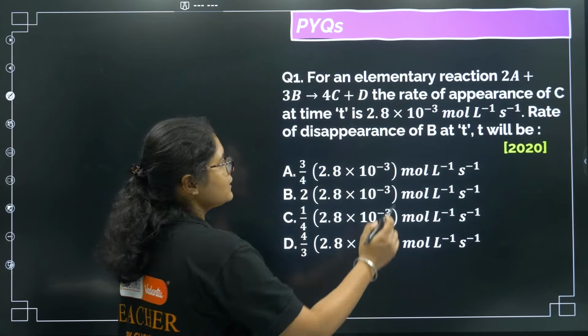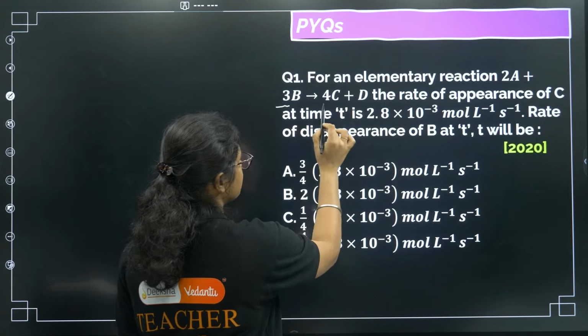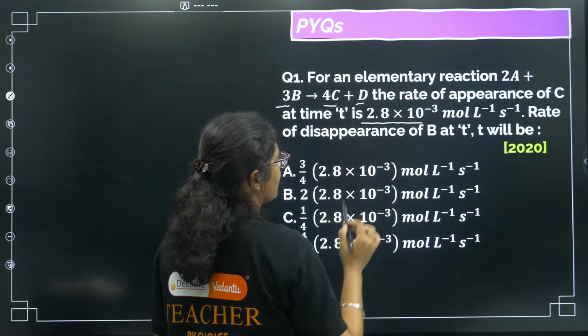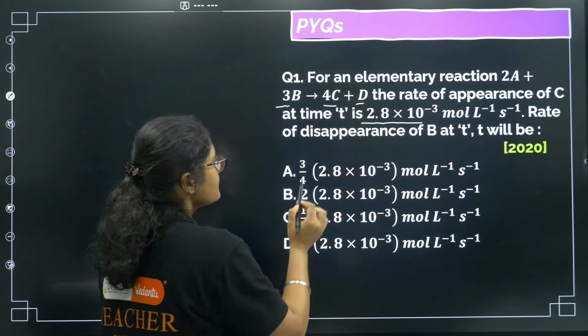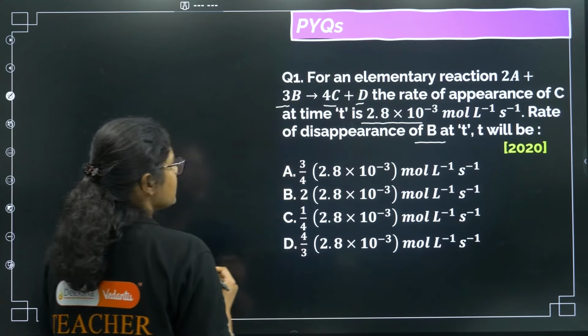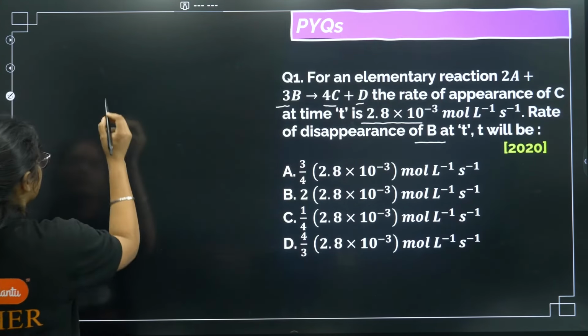For an elementary reaction, 2A plus 3B gives 4C plus D, the rate of appearance of C is 2.8 into 10 to the power of minus 3. The rate of disappearance of B at T will be. Okay, so first we can write the full equation.